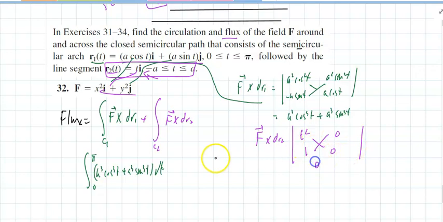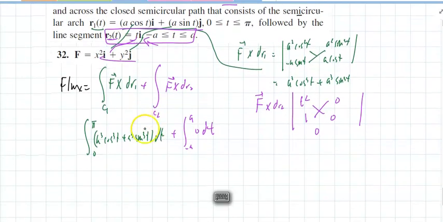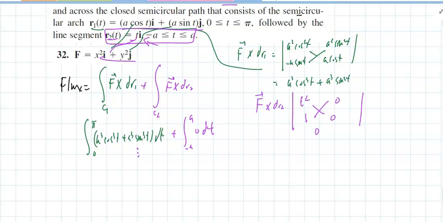So that would simply be 0. If you work this out, you will get 4/3 a cubed, and that would be the final answer. On a test, when I say set up, do not solve, I just want that part.